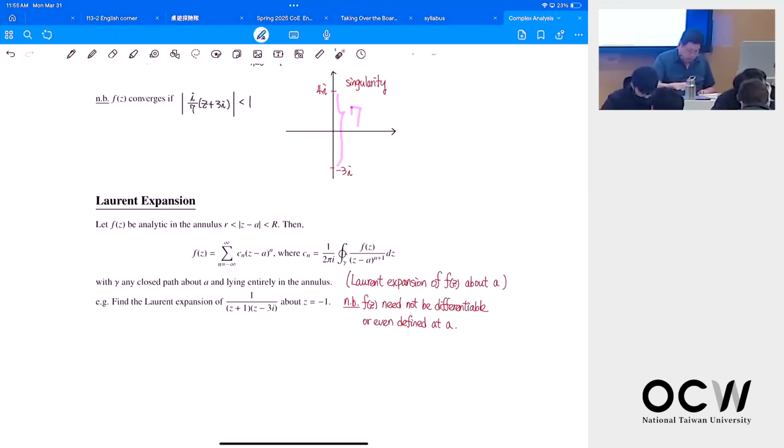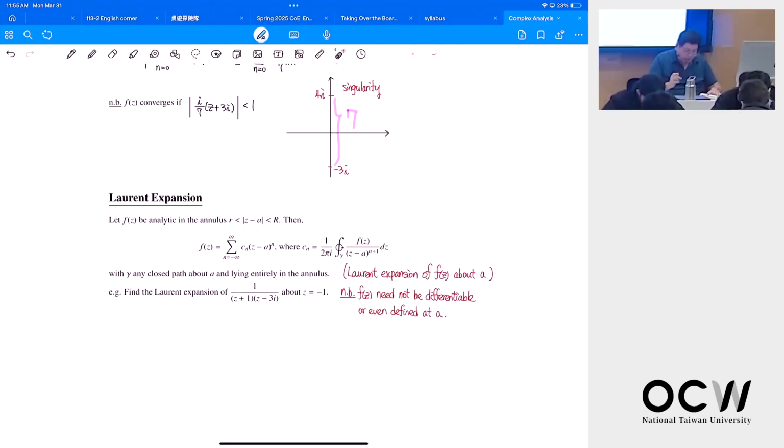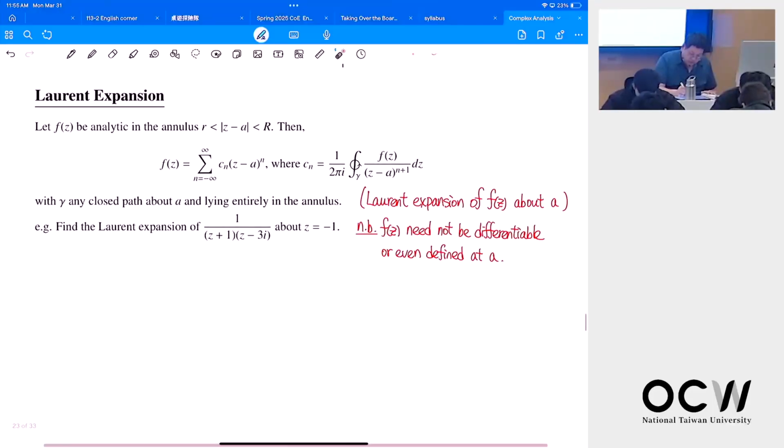Okay, so now let's see this Laurent expansion. We've seen that Z plus 1 here is not differentiable. So this part will be the Laurent part. Then the rest, this one is fine.